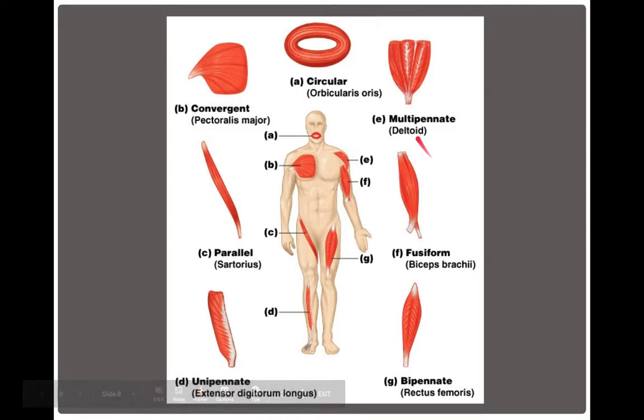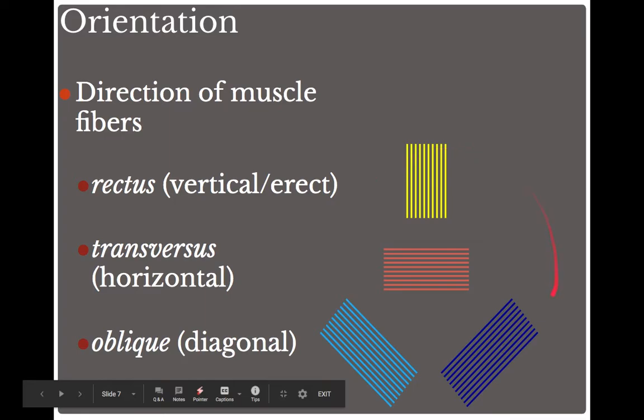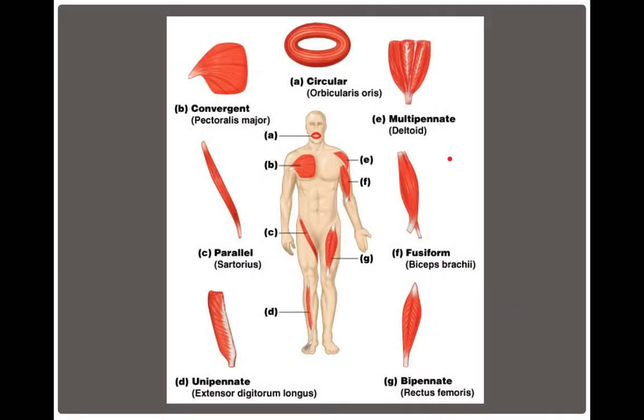So here, you can see that there are other terms that we can use to describe muscles according to their shape. So once again, we can talk about muscles according to their orientation, but there are several muscles that do not have an easily described shape in that way. One example of additional shapes for muscles would be circular muscles.